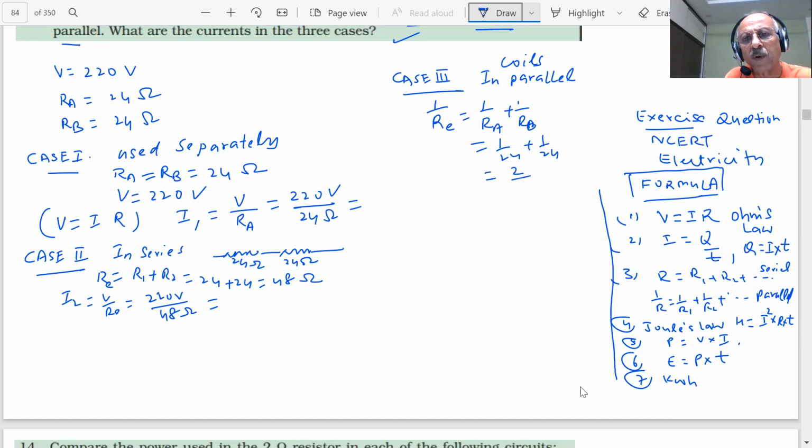What do you get? 2 by 24, 1 by 12. So what is the value of Re? 12 ohms. Then what will be the value of the current in the coil? V by Re, 220 volt by 12.